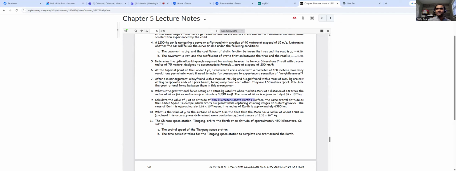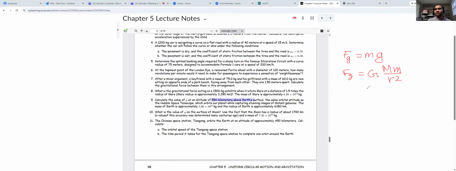Again, remember that these equations are not in the list of equations, so you have to understand how to derive them. The two equations we discussed are these: gravity is equal to mg, and gravity is equal to G M m over r squared.